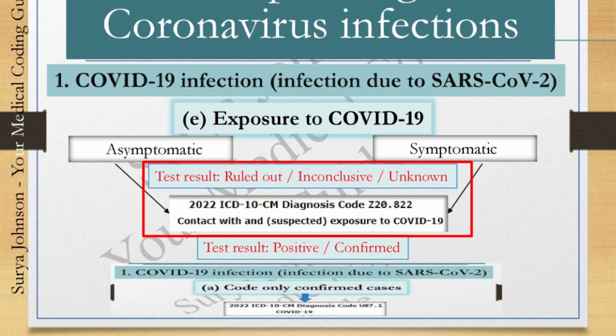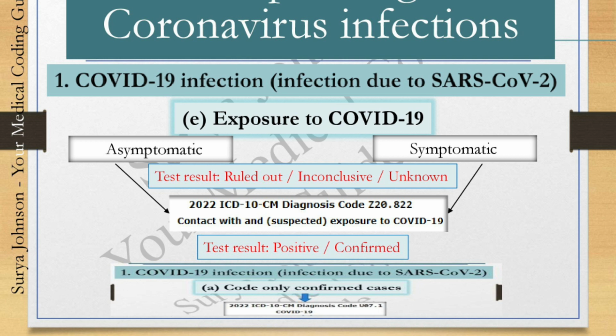If the status is unknown, in this scenario, you will be coding Z20.822, which means contact with and suspected exposure to COVID-19. So this will state that the patient has an exposure to a COVID-19 infection. The patient might be symptomatic or asymptomatic, but the result is either negative or inconclusive or unknown. In this scenario, you will be coding the Z20.822.